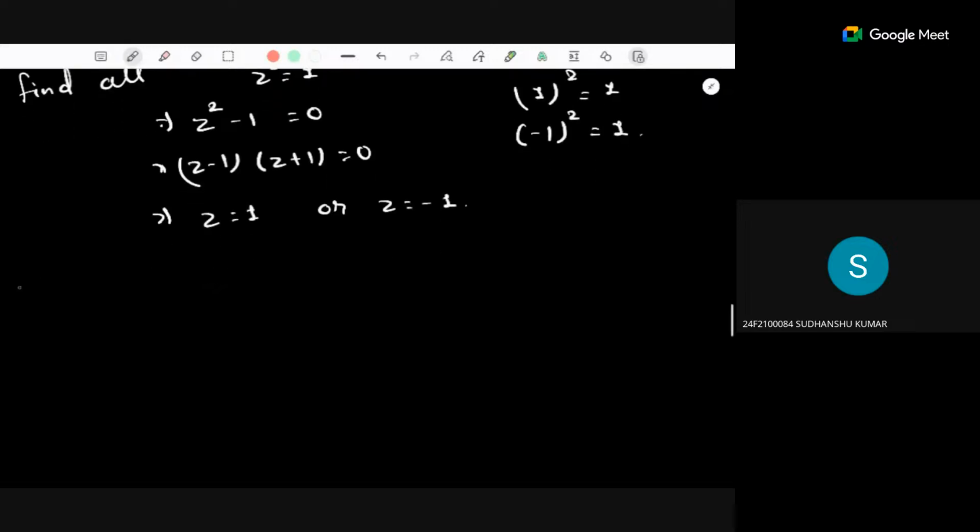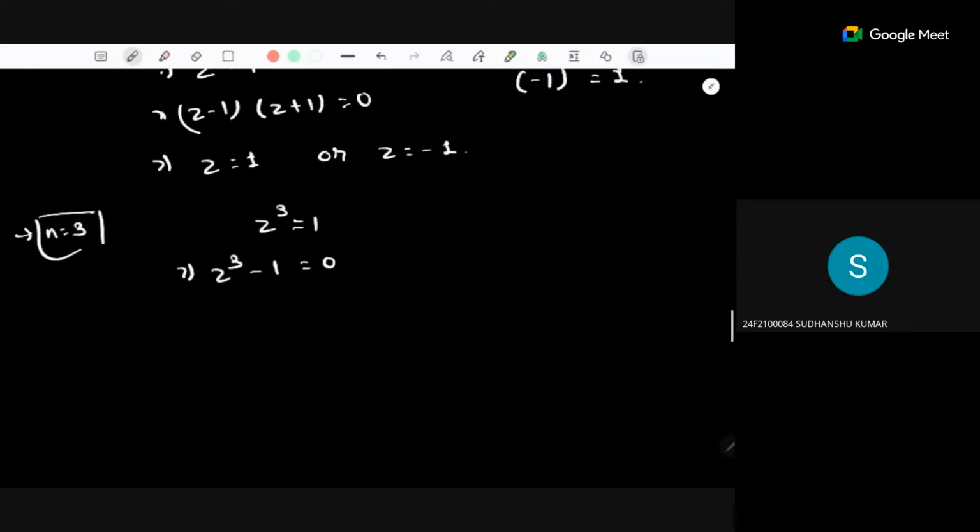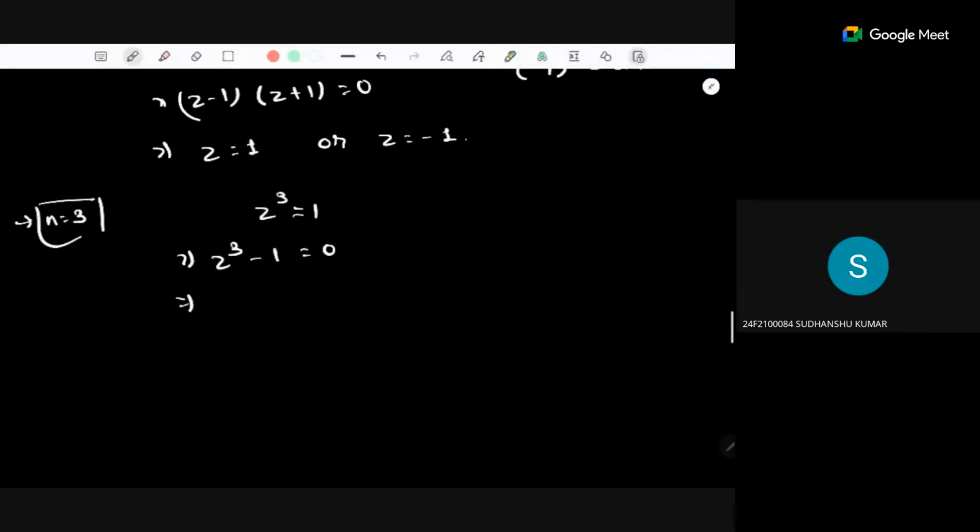Now what happens if we take n equals 3? We need to find all those complex numbers for which z cube minus 1 equals 0, or simply z cube equals 1. Here also we apply the formula for simplifying the cube. z cube minus 1 can be written as z minus 1 into z square plus z plus 1.